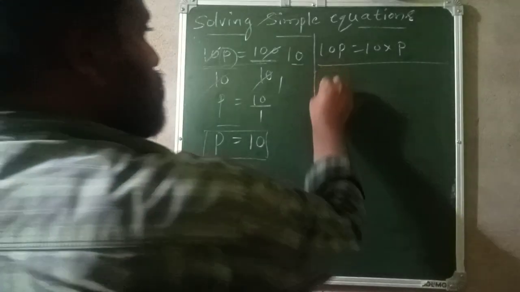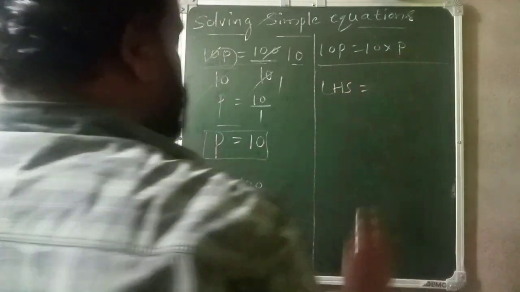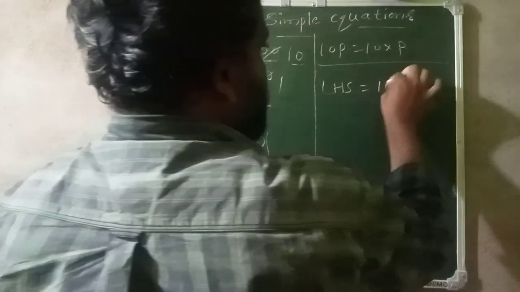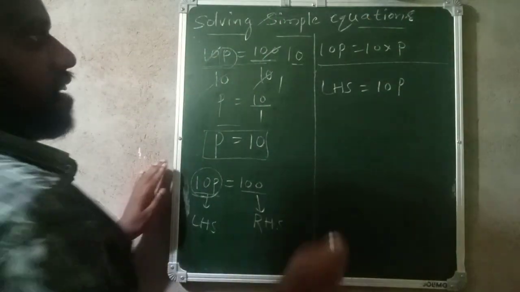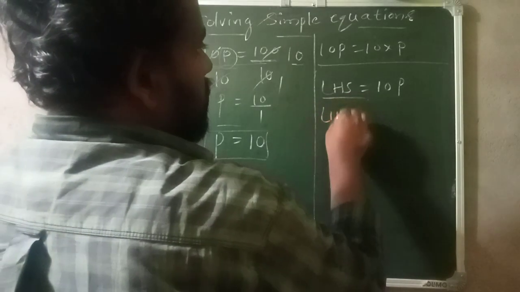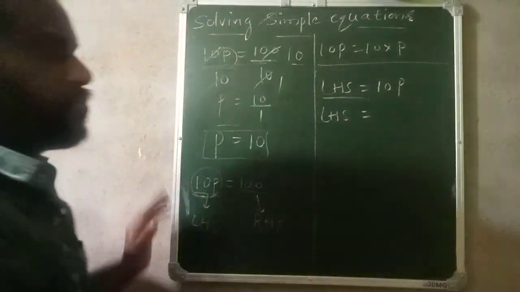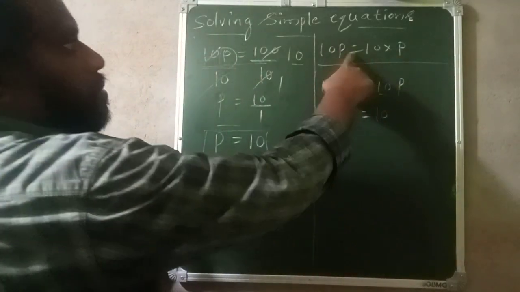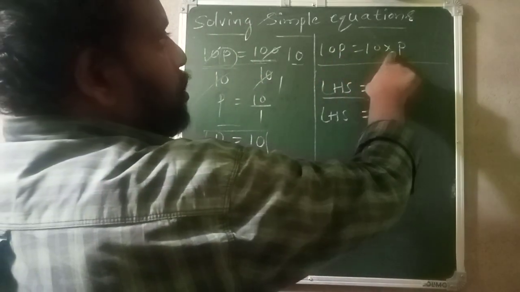So take LHS. LHS is equal to, this entire thing is LHS, that is 10p. Next step, write the same thing. LHS is equal to 10. I said 10p means 10 into p, that means after 10 into is there.